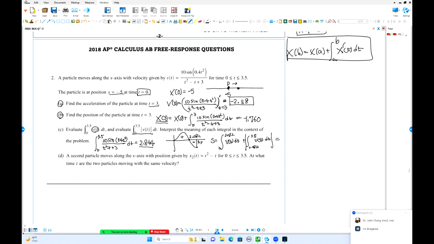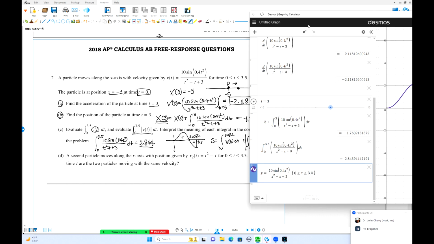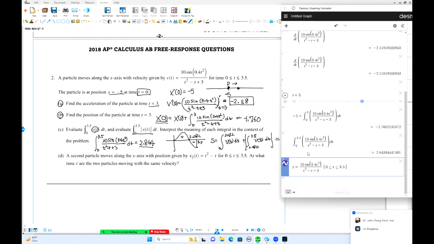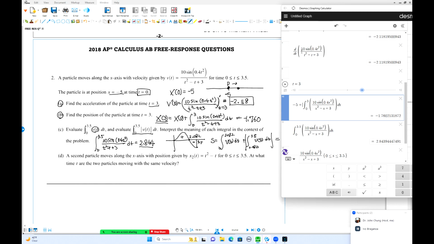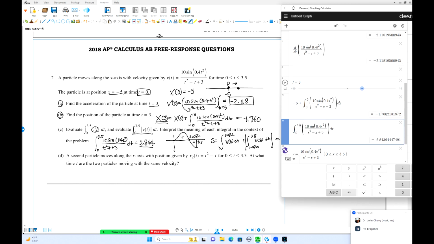Oh, this was a lot of work, right? Integral again. I'm gonna do the same thing, okay? Integral again. I can use this one, okay? 0 to, this one is how much? 2.082, okay? 2.082.